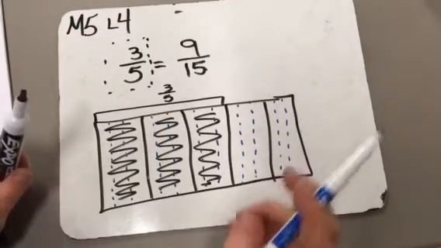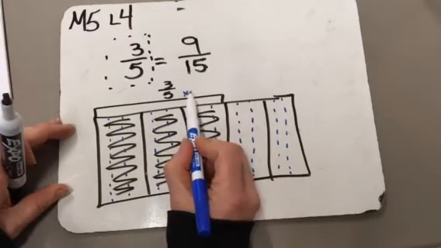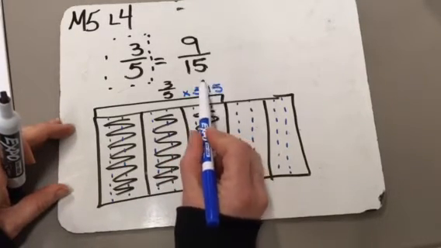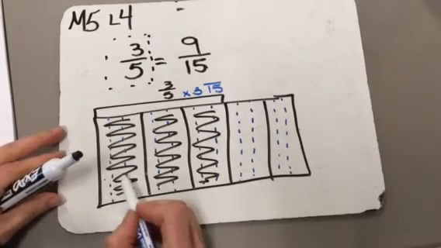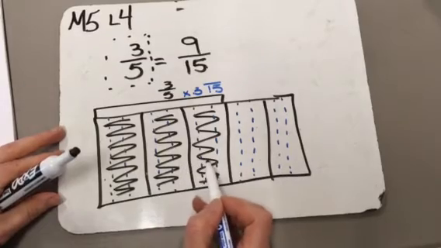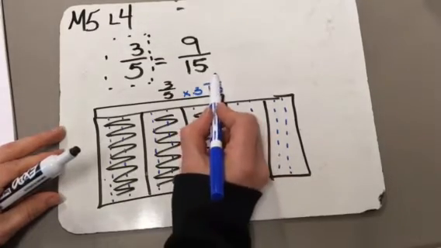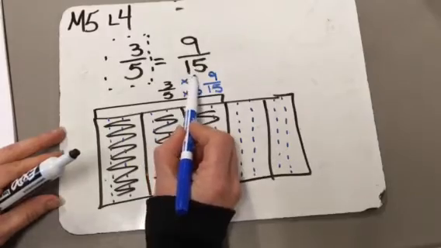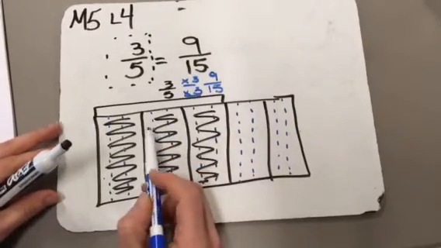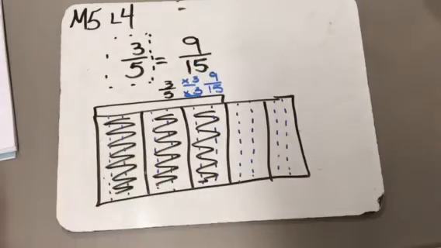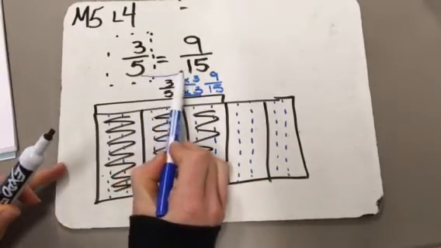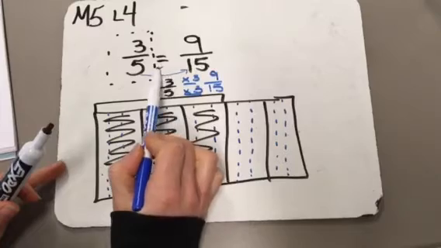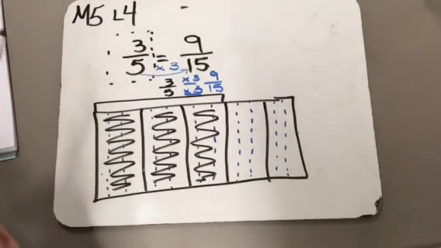I now have 15 pieces because 5 times 3 is 15. So now how many are shaded in? 1, 2, 3, 4, 5, 6, 7, 8, 9. And 3 times 3 is indeed 9. So I have just proven that they are equal, just by cutting it up. I needed to know how I got from 5 to 15, and I knew 5 times 3 equaled 15.